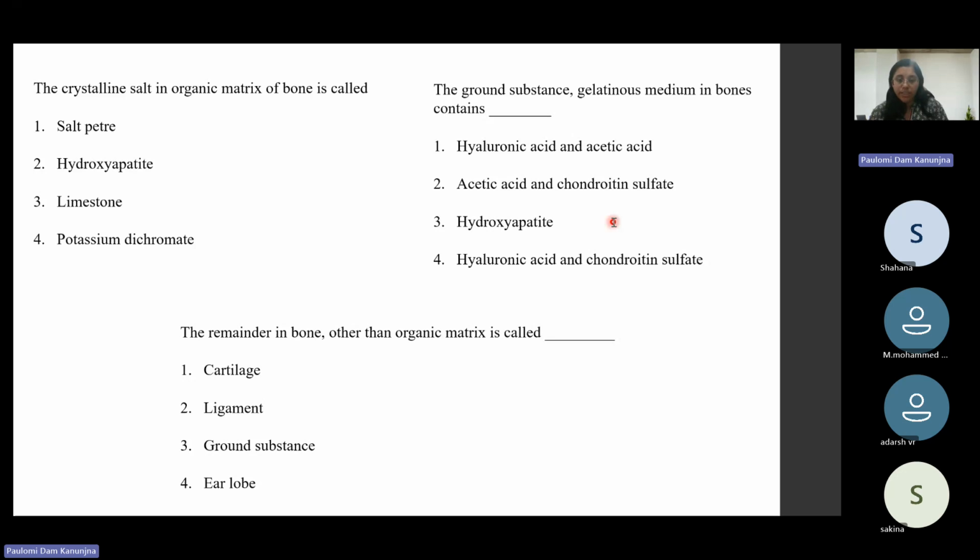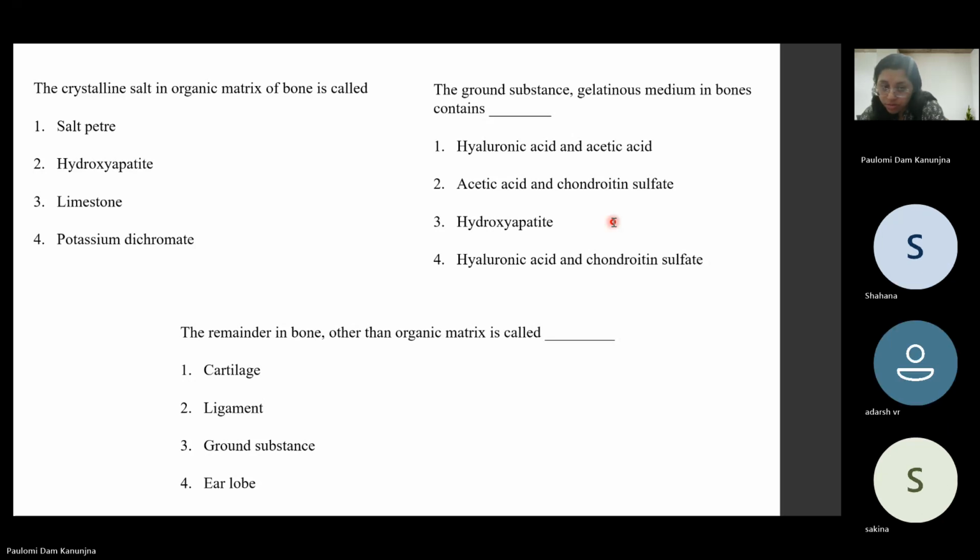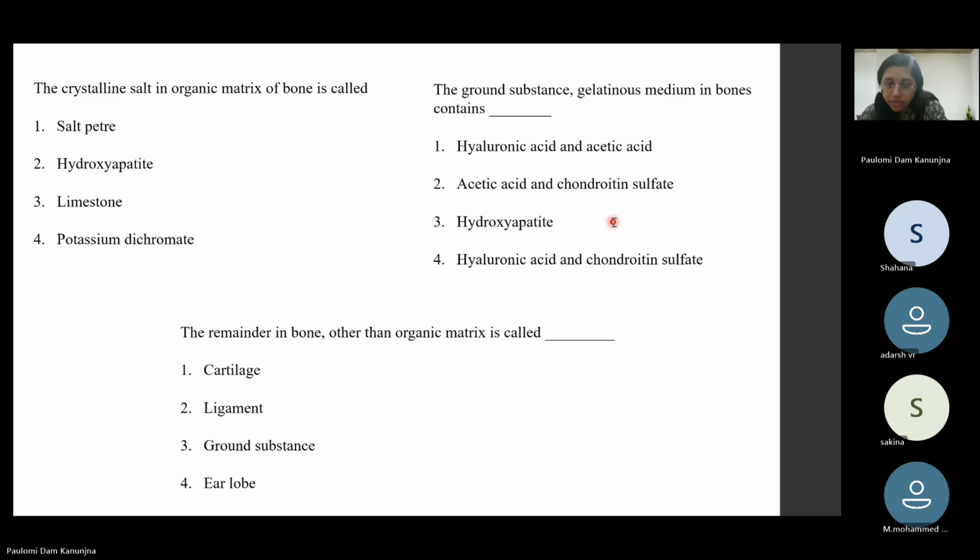You will anyway be revising it if you're giving exams, so you can use this as a mind map at that time. One more minute and then we can go ahead.